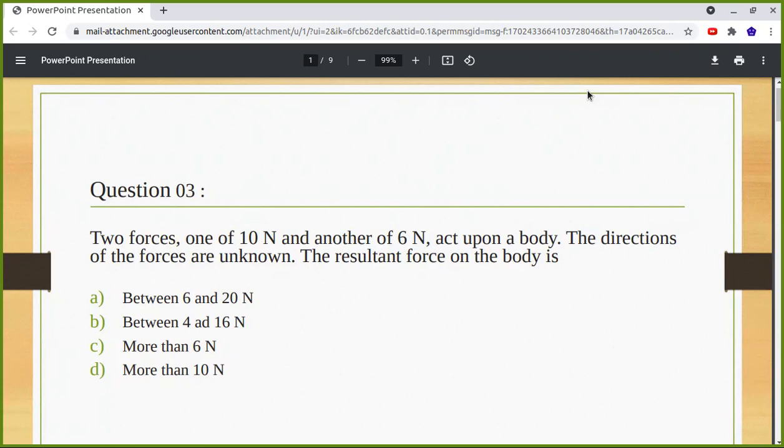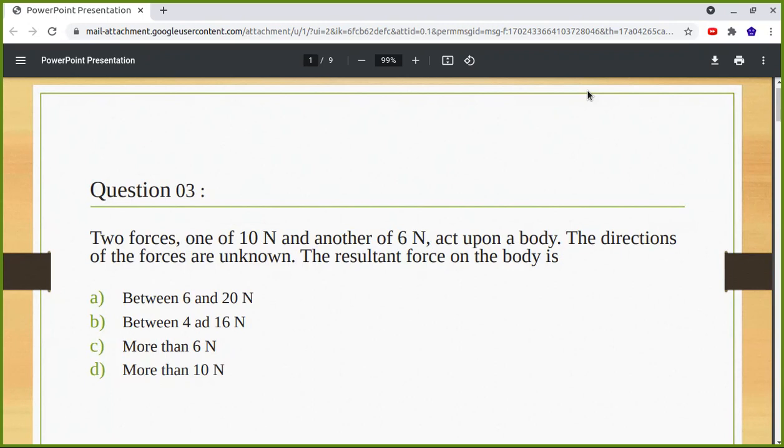Just remember, if there are two forces, the maximum amount would be produced if they are in the same direction, which in this case gives 16 Newton. However, if they act in opposite directions, the resultant would have the minimum value, which in this case is 4 Newton.